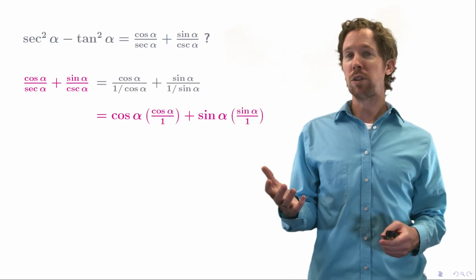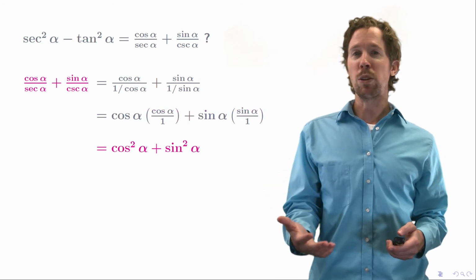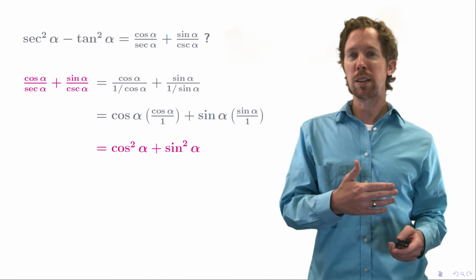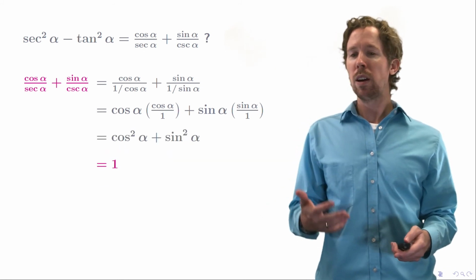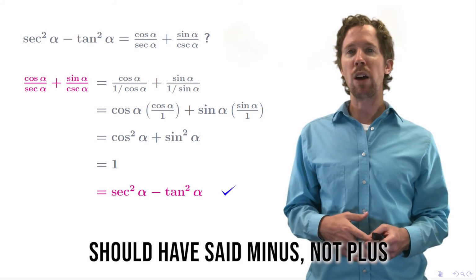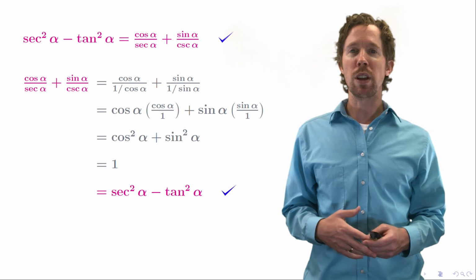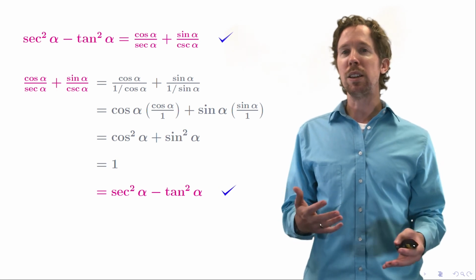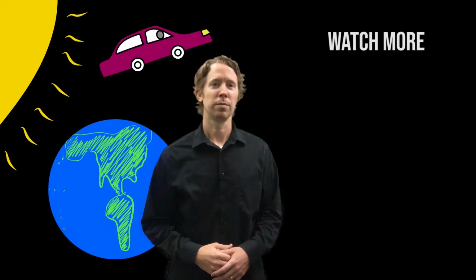And then you can see I've just got cosine squared alpha plus sine squared alpha. We know that's equal to 1. That's what we were expecting. And then we can say 1 is equal to secant squared alpha plus tangent squared alpha. So we showed that this equation that we were given is indeed true on the natural domain of these functions.